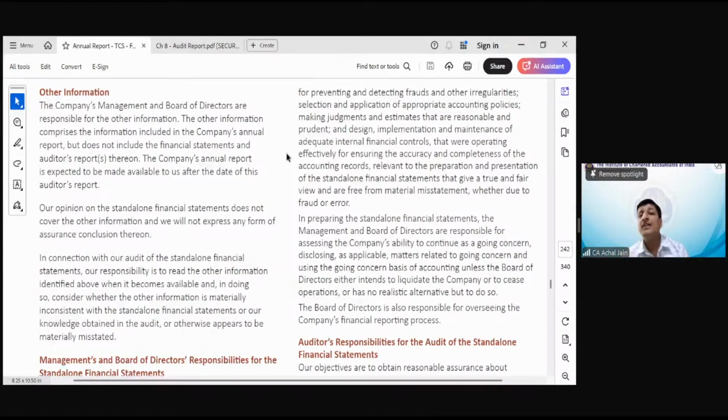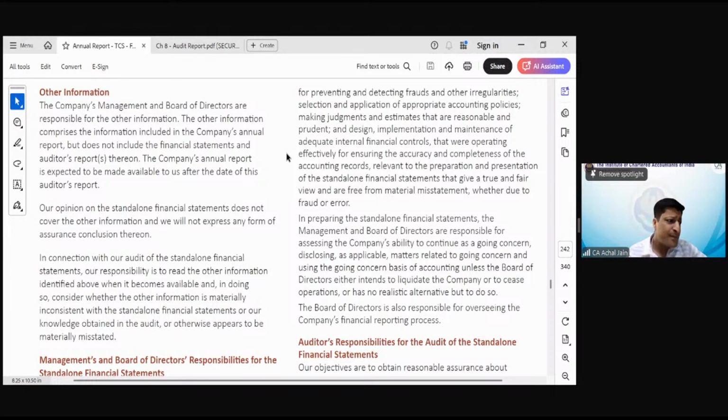They have been selected and prepared by the management, by the board of directors. They were responsible for that. Of course, the auditor has audited that, but the primary responsibility was that of the management and not the auditor. Okay, everyone clear on this?